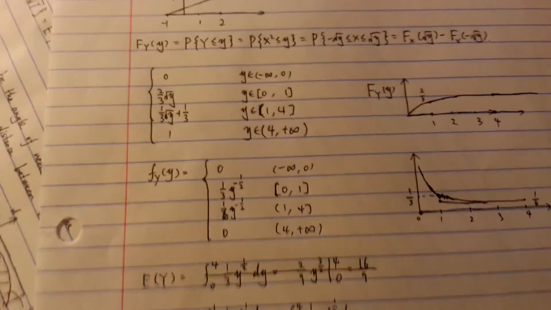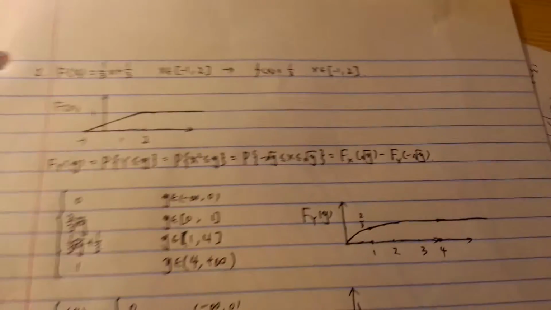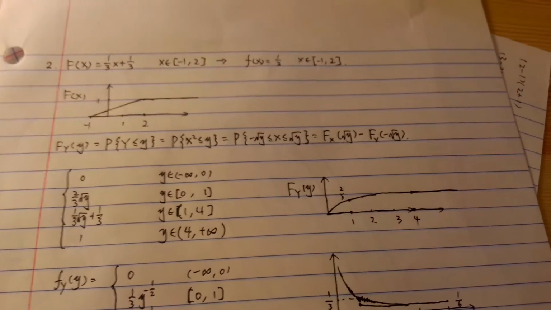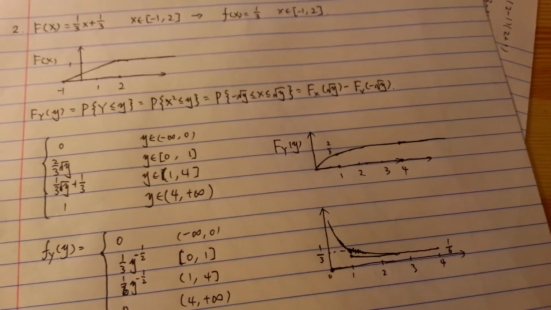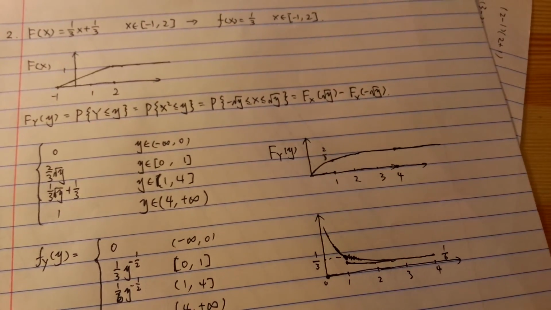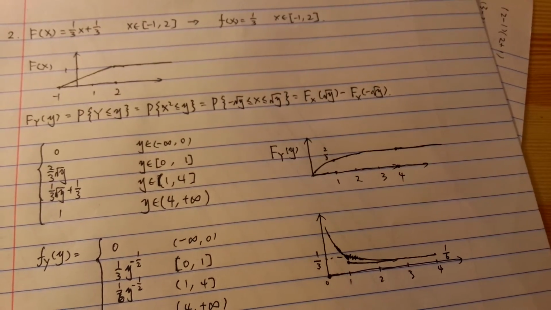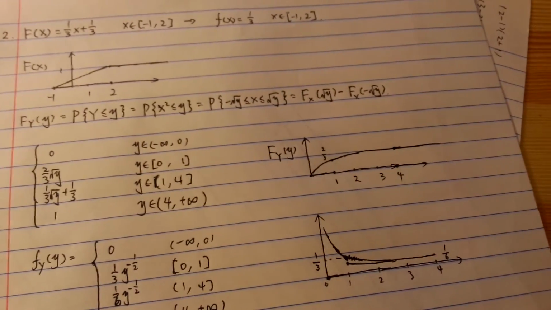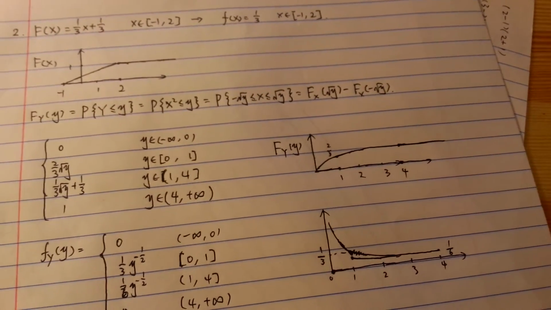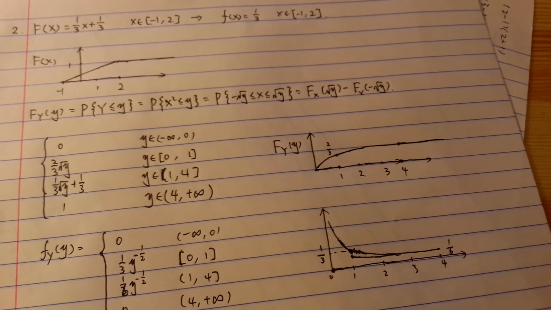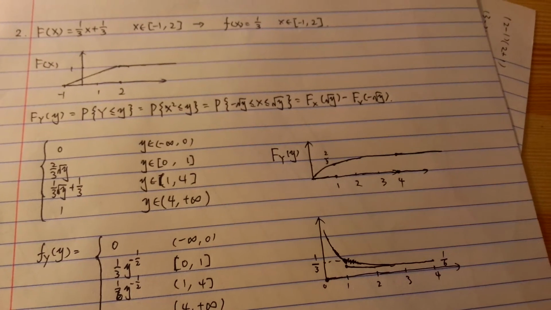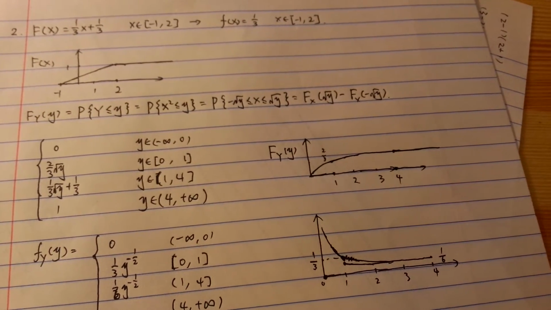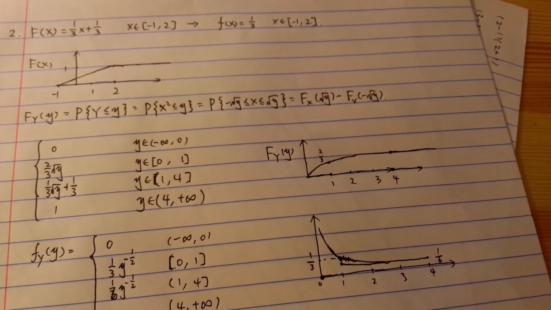Then we go to the second problem. What we need to do first is find and draw f_Y(y), F_Y(y), and the expression of Y. First, we know X is uniform on minus 1 to 2.